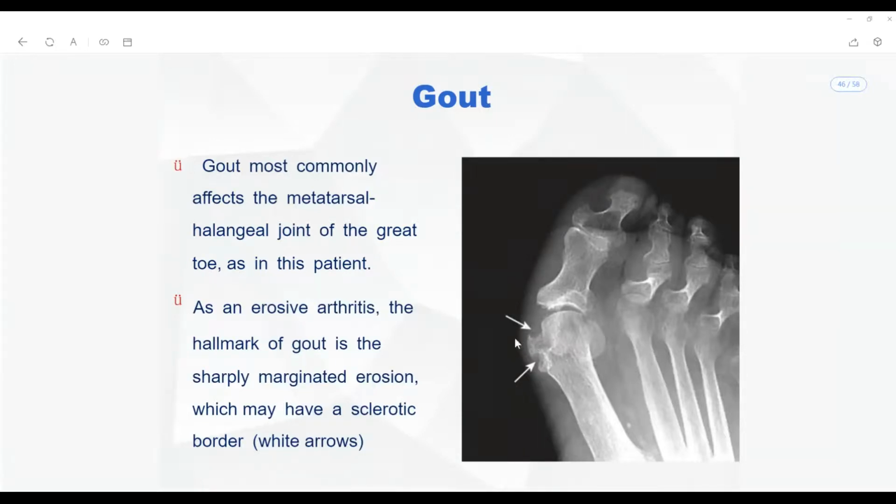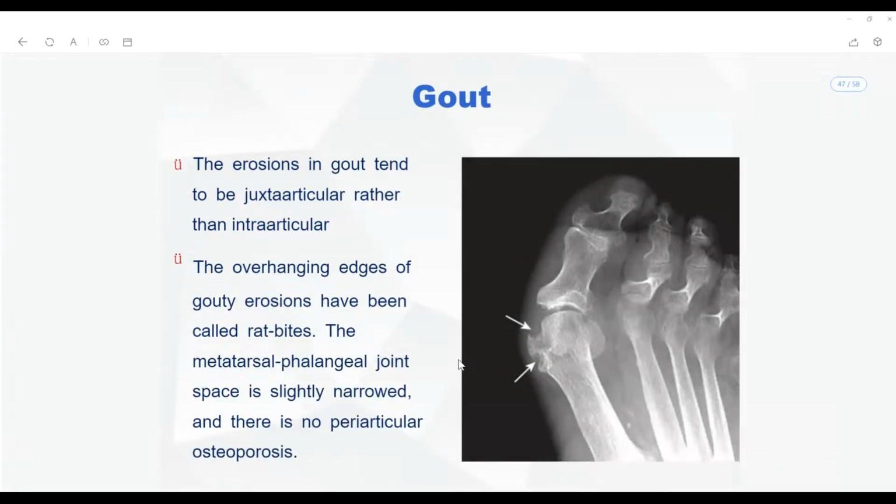That's the important first characteristic feature we are looking at. These are juxta-articular rather than intra-articular. You see here, this is the articular surface, but there is no effect present here; the extra growth formation is present down here.